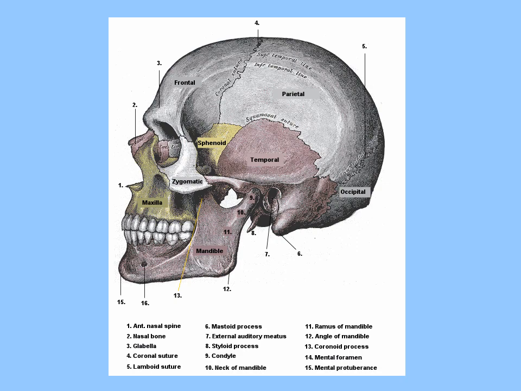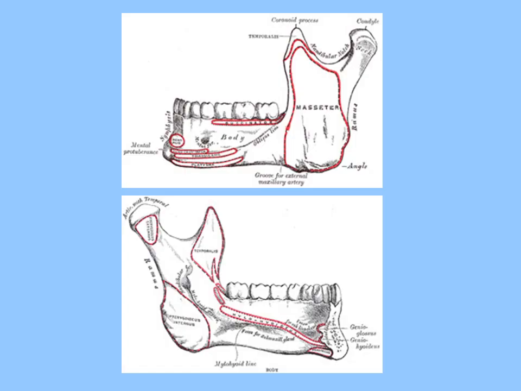From this view, we can also see the mental foramen that is part of the mandible, as well as the external auditory meatus that leads to the ear. The mandible has a number of anatomical landmarks.